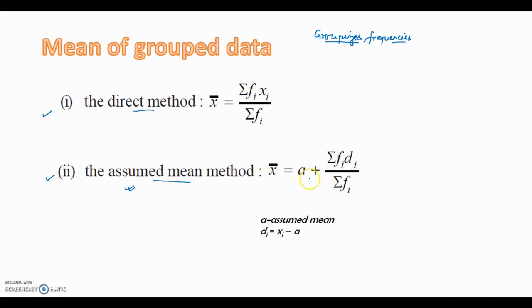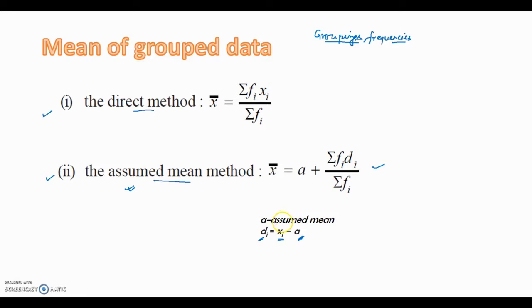In the assumed mean method, we assume a mean as A from one of the given class marks. From there we find out the deviations of the assumed mean from all the given class marks, and then we apply this rule.